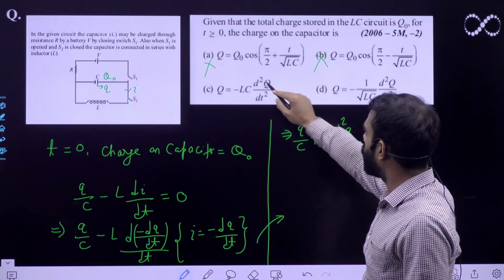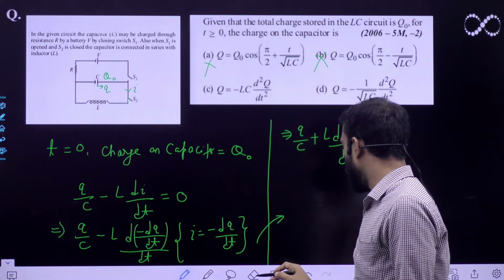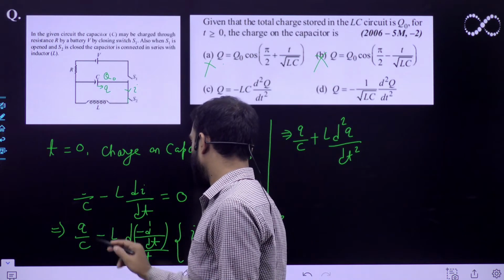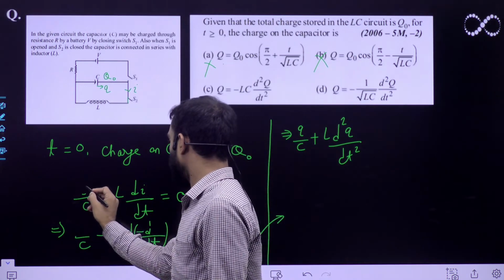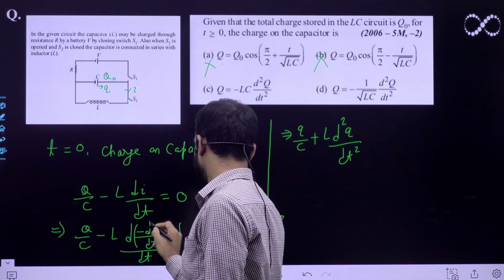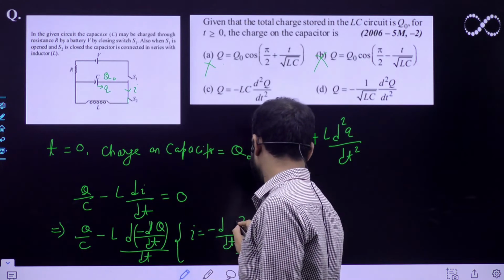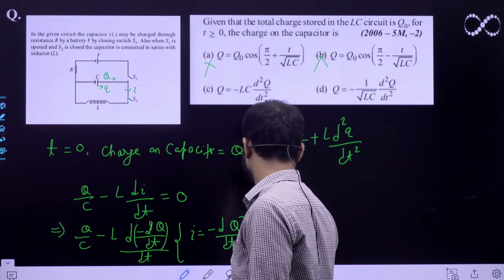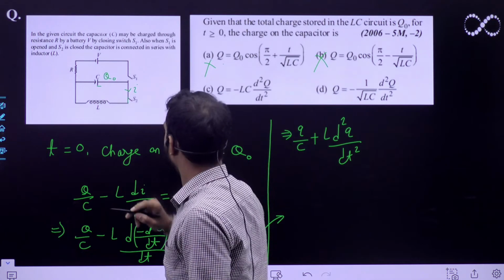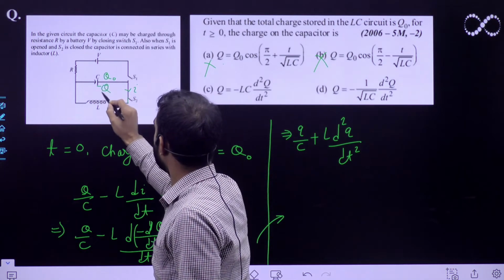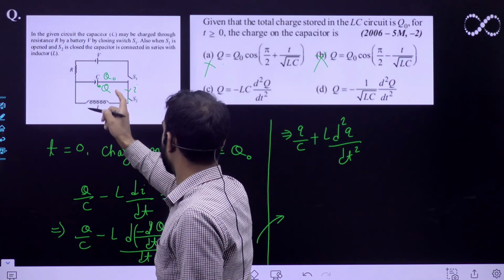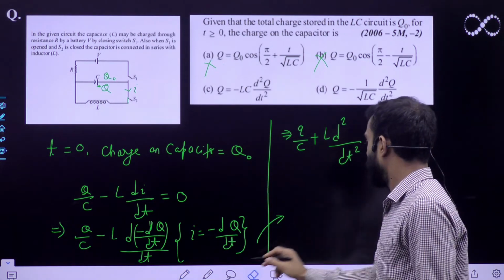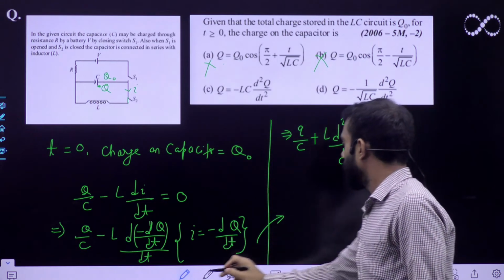Here the instantaneous charge is taken as capital Q, because in the question it is given as capital Q, not a small q.